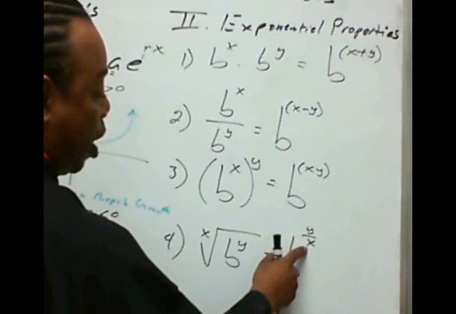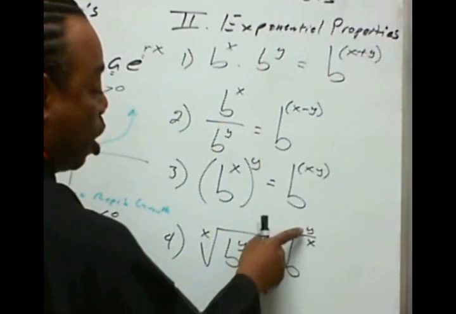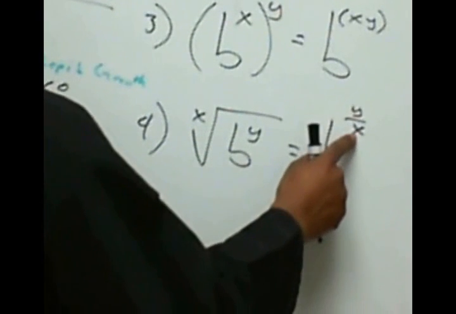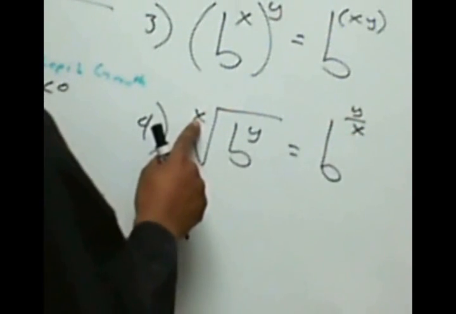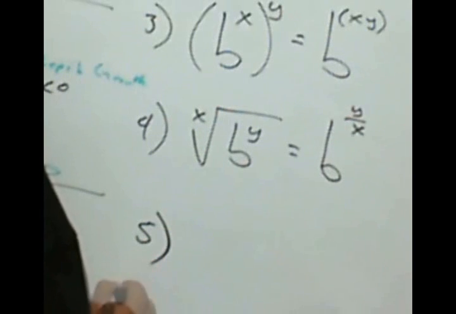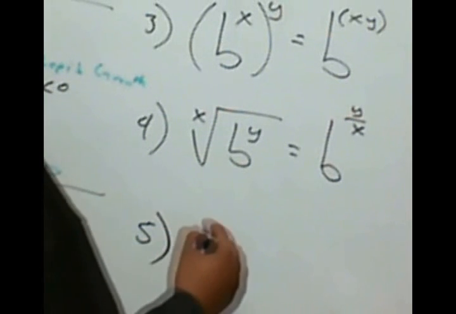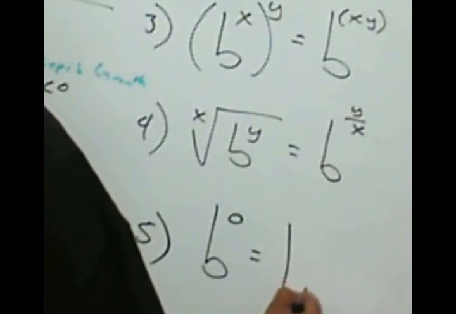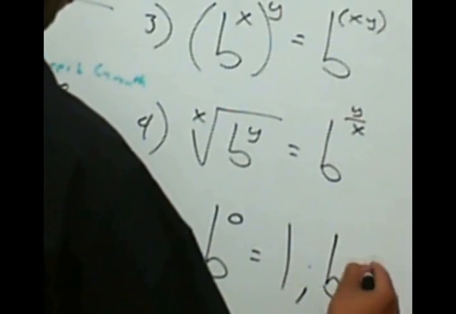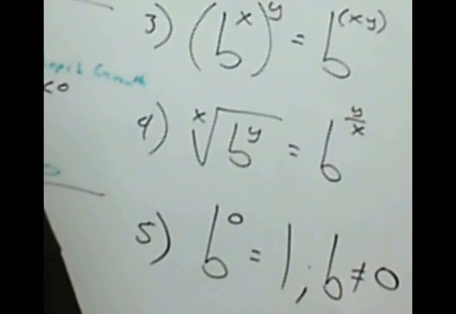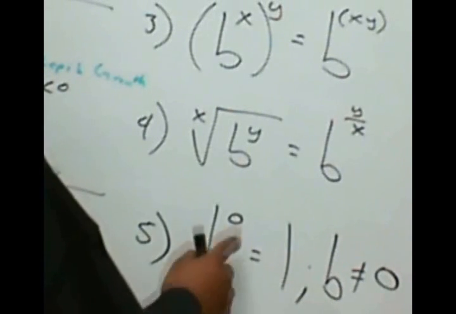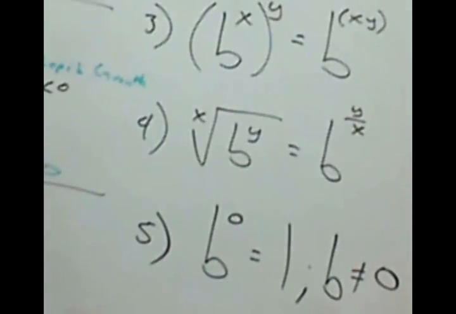You can turn an exponential into a root by using the numerator for the power of the base and the denominator for the index of the root. And fifth, a base raised to the 0 power will equal 1. Only if you don't have a base that's 0 already. You don't want to raise 0 to the 0 power. That's undefined. But any other number, you raise it to a 0 power, you will get 1.